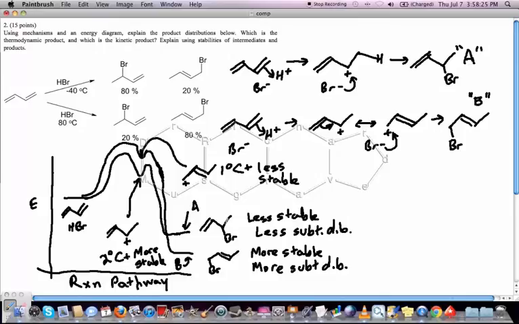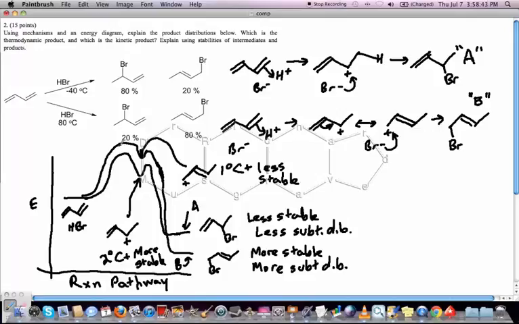A. Alright, so that brings us to deciding what the kinetic and thermodynamic products are, or if you'd like, the kinetic and thermodynamic pathways. When we're talking about kinetics, what we're talking about is difference in activation energies.